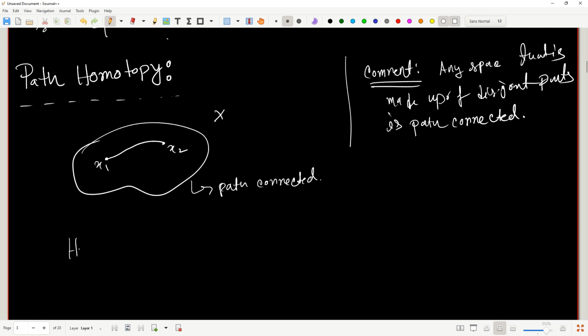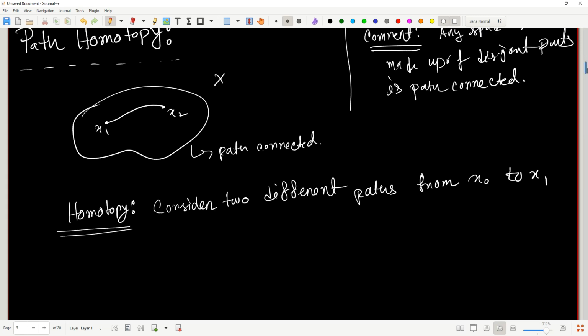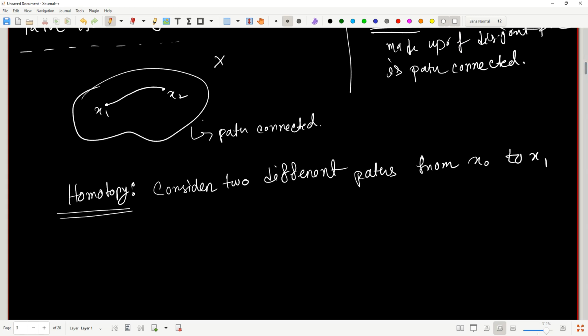Consider two different paths from x0 to x1. Again, keep this picture in mind. We'll discuss more later. For now, this picture will suffice that we introduced to get the idea of path connectedness.